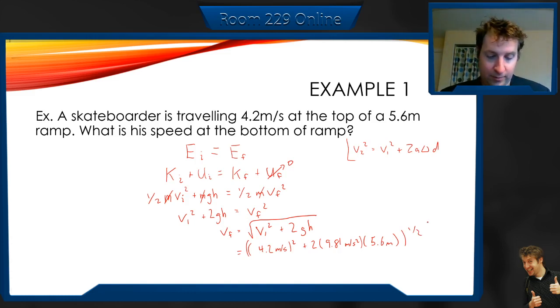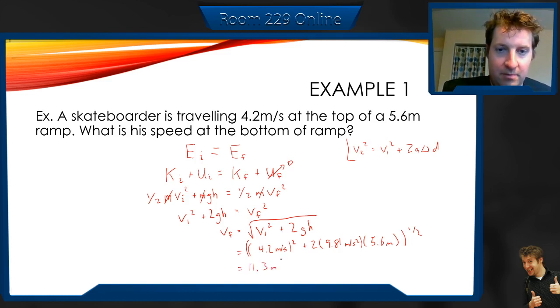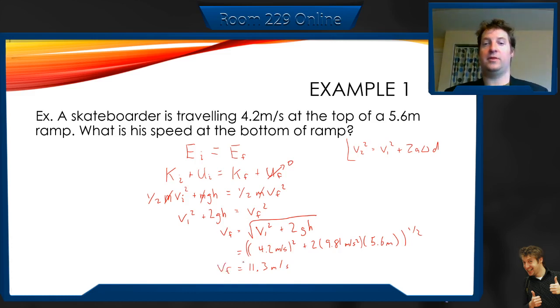So what are we going to get? 4.2 squared plus 2 times 9.8 times 5.6, and then we square root everything. So that's going to be a final velocity at the bottom of 11.3 meters per second.